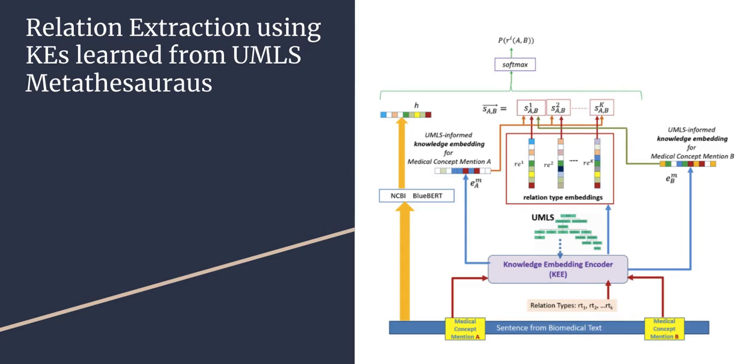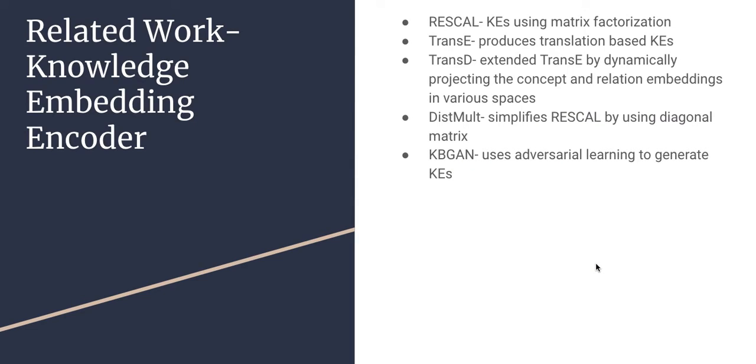Before going into the knowledge embedding encoder, let's see what the previous authors have used. Some authors have used RESCAL, which uses knowledge embeddings with matrix factorization, while others produce translation-based knowledge embeddings. In TransT they have extended TransE by dynamically projecting the concept and relation embeddings in various spaces.